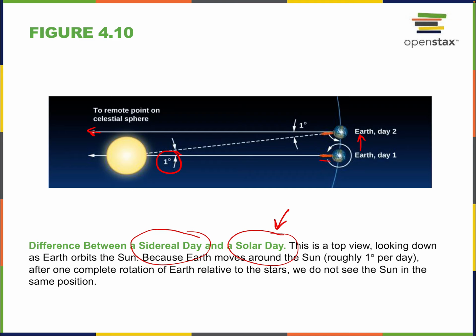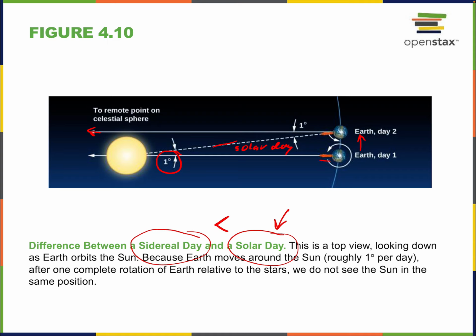Now, historically speaking. Again, the solar day is the time to come back around and face the sun again. So the solar day is that one there. The solar day is larger than the sidereal day because the sidereal day refers to the time for the Earth to make one full rotation relative to space as a whole. We often say it's relative to the fixed stars that are outside of our solar system.